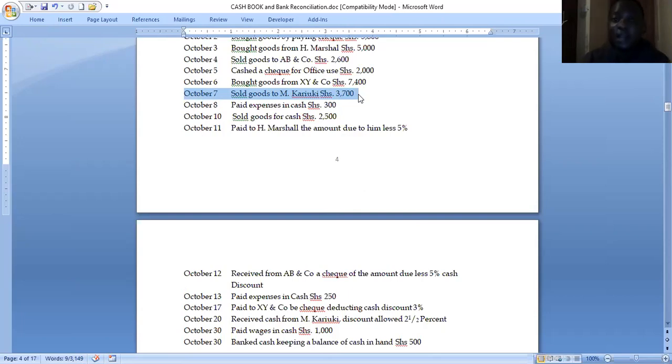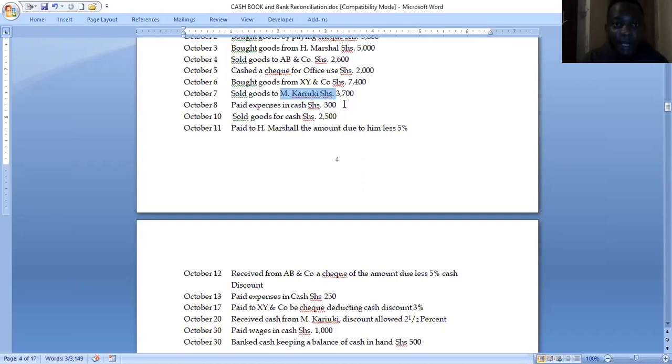So this is another credit transaction. The only two accounts here are the sales account and M Karaoke, so they will not be entered anywhere in our cash book. They are recorded only in the sales account and in M Karaoke's account. They will not appear anywhere in the cash book that we are posting here.